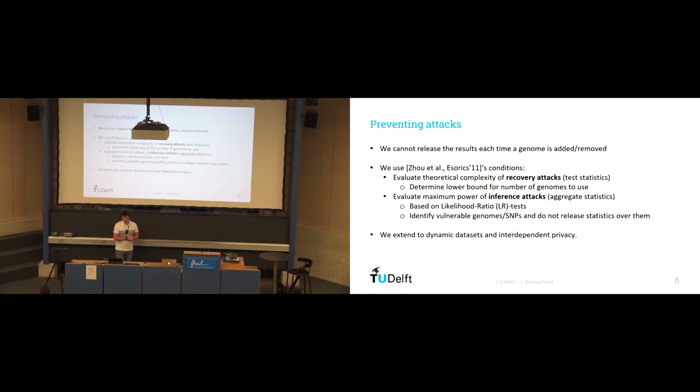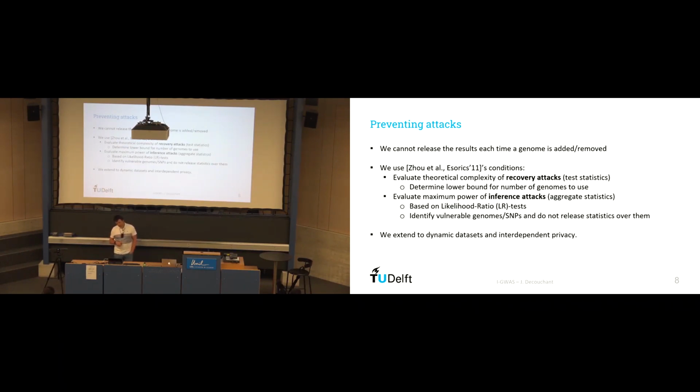A simple observation that we had is that, of course, we cannot update or release the results each time a new genome is created, or each time a genome is removed, because then you just do the difference, and you have isolated one genome. So instead of using differential privacy, we based our work on a previous paper.